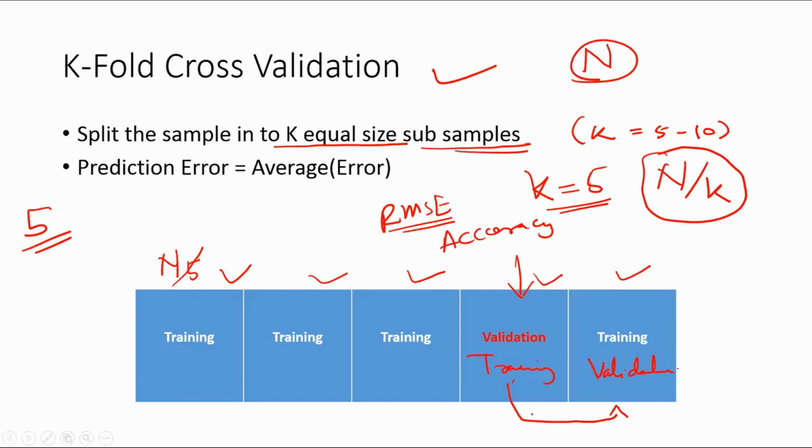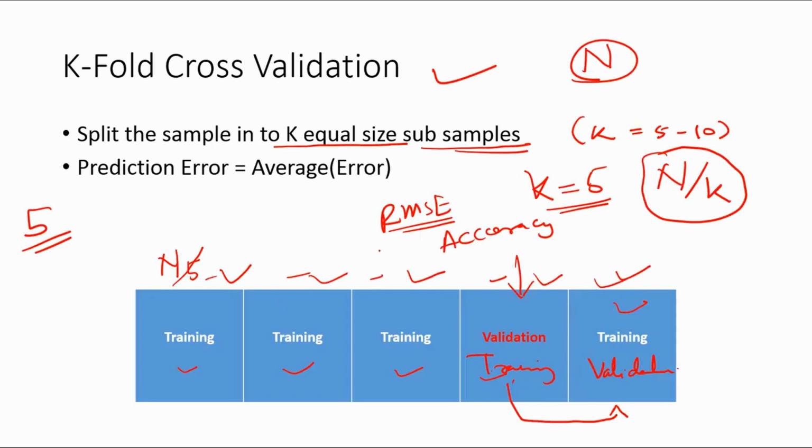So you build a model by including training samples 1, 2, 3 and 4, and then you validate on the last sample. And you keep on changing that, so there will be 5 iterations. The validation sample could be this one, this one, this one, or this one.